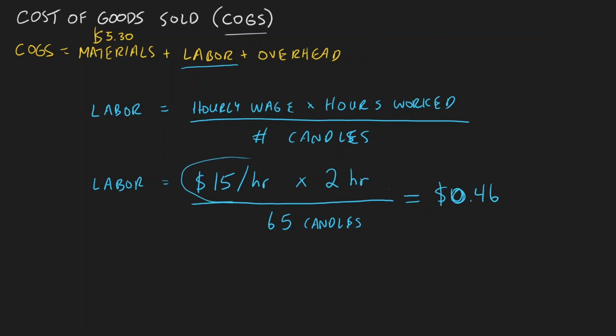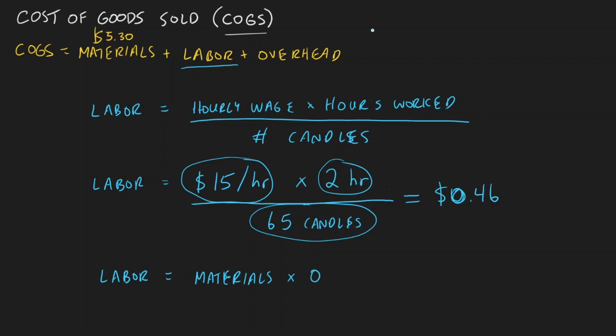How do you know that it's $15 an hour? How do you keep track of how many candles you made in an hour? And how do you really want to be so finicky that you're tracking time that much? Well, the better shorthand would be to say that labor is actually just going to be based on the materials cost. So we'll say materials times some small percentage. And I would say roughly, we'll say 15%.